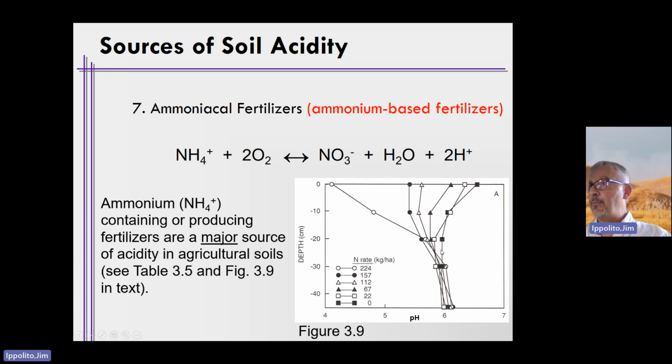And as you go down with depth, it decreases to about 6. And this is likely a function of just natural weathering and generation of acidity over time. But as you increase the amount of an ammonium-based fertilizer, the pH in the soil surface certainly and drastically decreases because of the reaction above. And that reaction at great enough ammonium-based fertilizer concentrations or application rates can drive down pH lower in the profile.